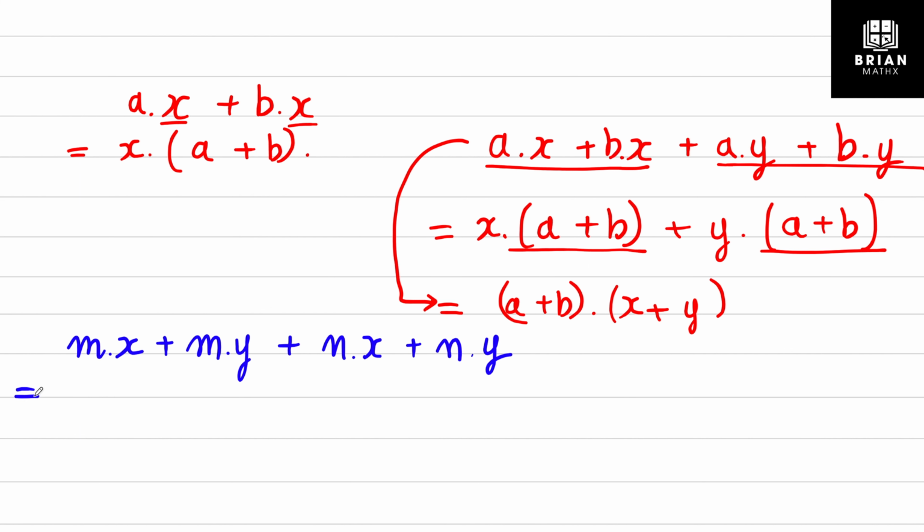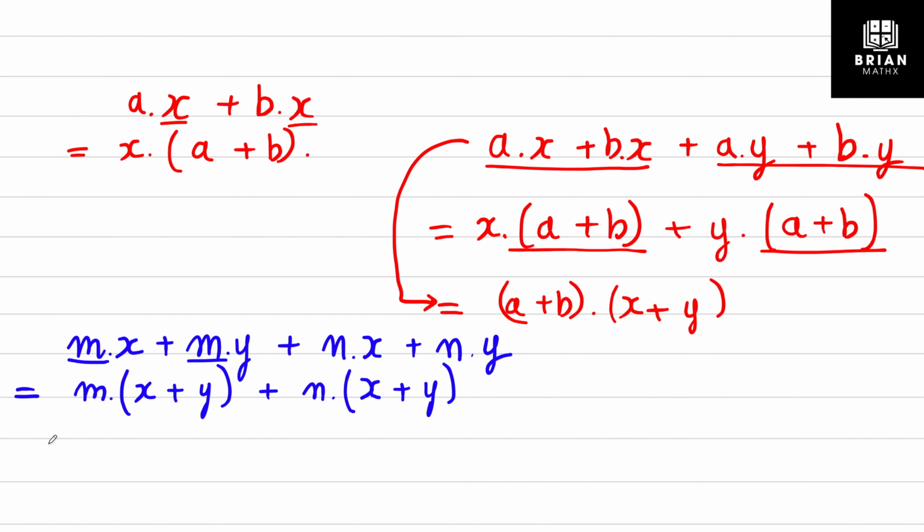Okay. The second example, you have another expression: mx plus my plus nx plus ny. The first two terms have the common factor m, so I take m outside the bracket, and x left and y left go into the bracket, so you get x plus y. And the last two terms, nx and ny. n is a common factor, so take n outside, and you get x plus y.